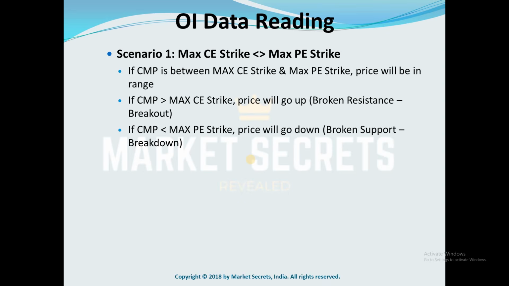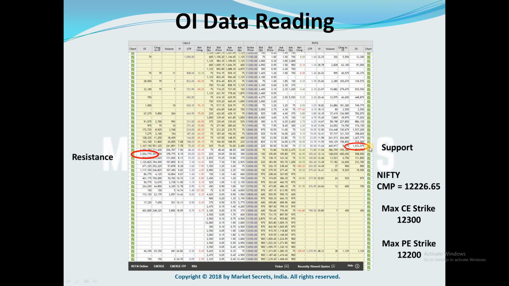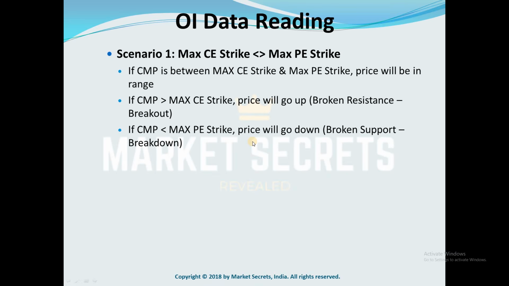Going back to the previous slide, if the current market price is below 12,200, it indicates it has broken the support, so it will continue to go down. So that is the inference that you can get from this data. All this belongs to scenario 1, which is max CE strike not equal to max PE strike.